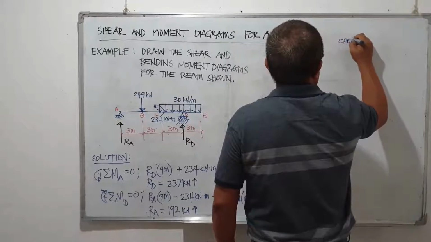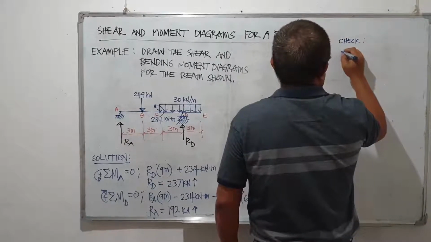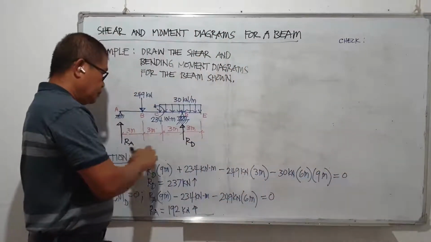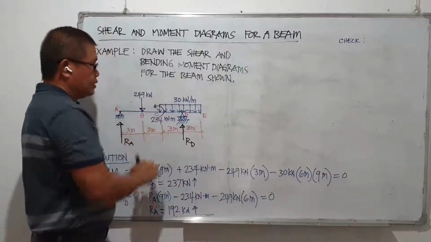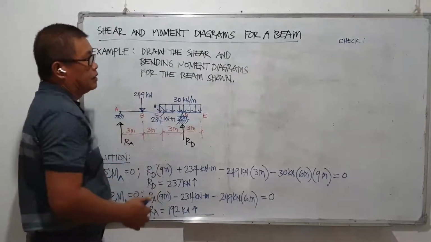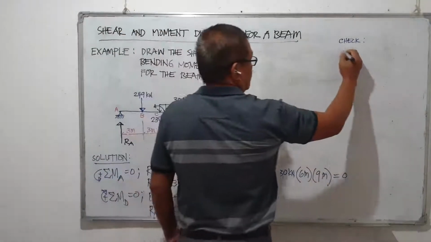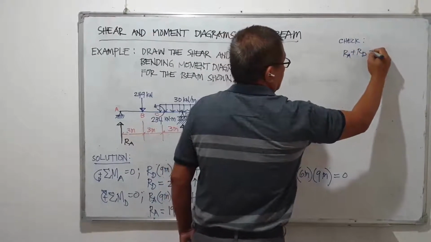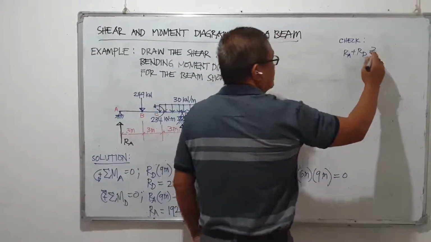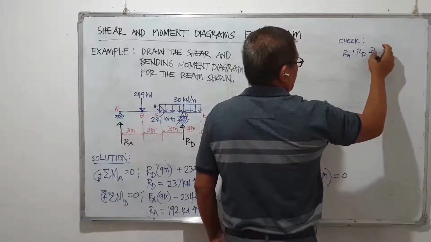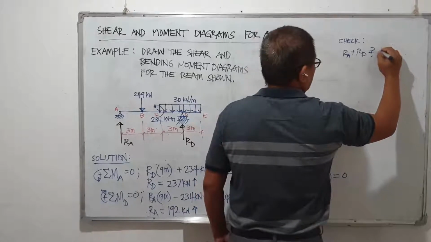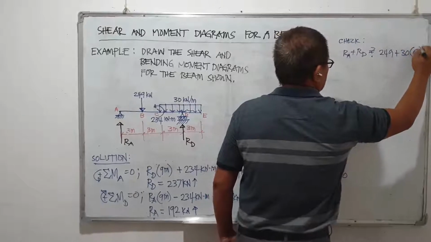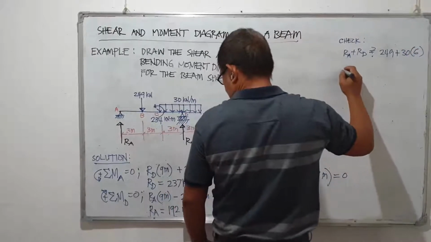We can check the accuracy. Checking, the sum of R sub A and R sub D should be equal to the total applied load. So R sub A plus R sub D: is it equal to 249 plus 30 times 6?